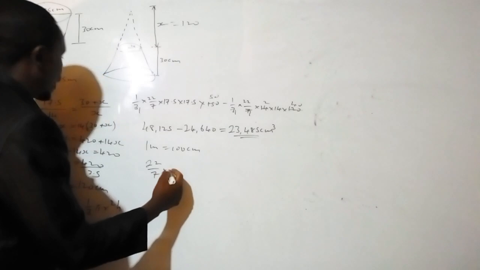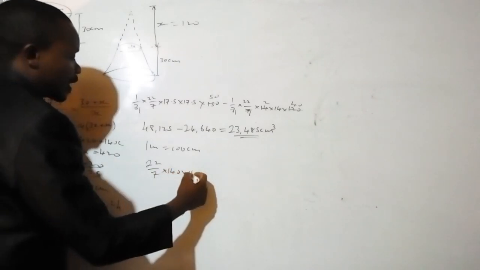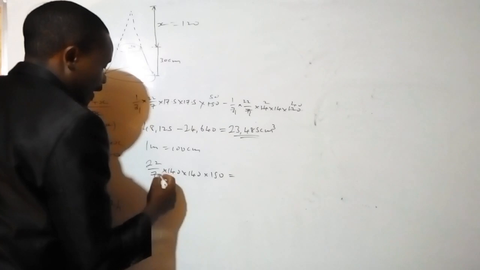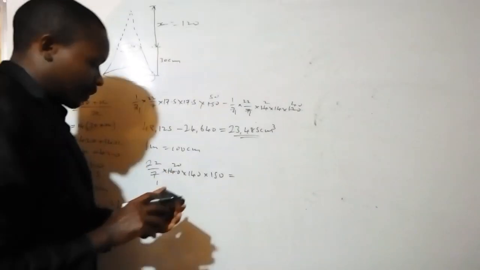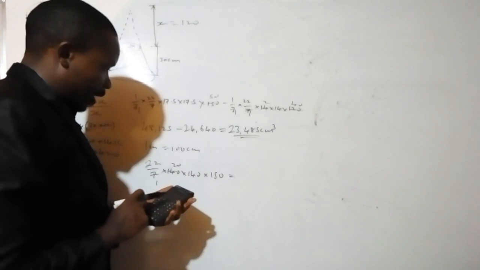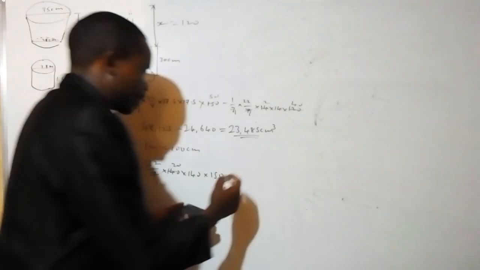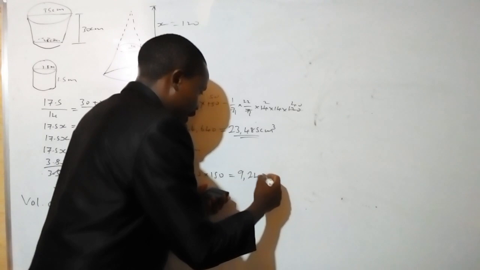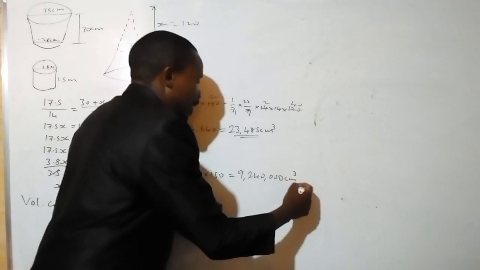Radius will be 140 centimeters, times 140 times 150, by 7, 1 by 7, 20. 22 times 20 times 140 times 150. And we are going to get 9,240,000 centimeters cubed. This is the volume of the tank.